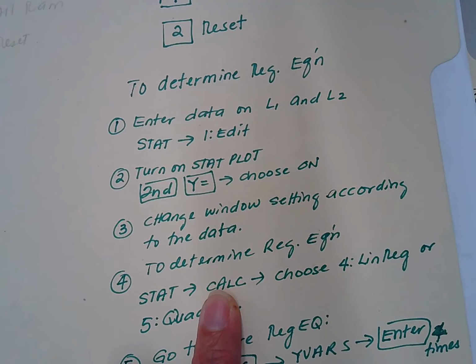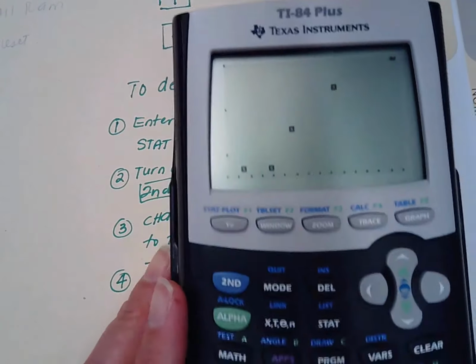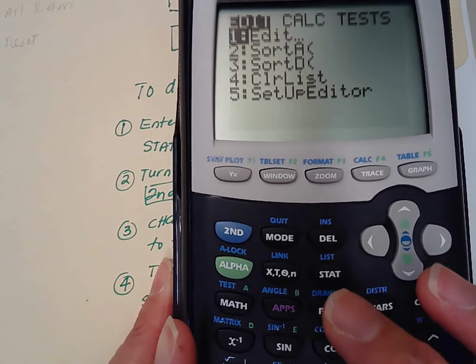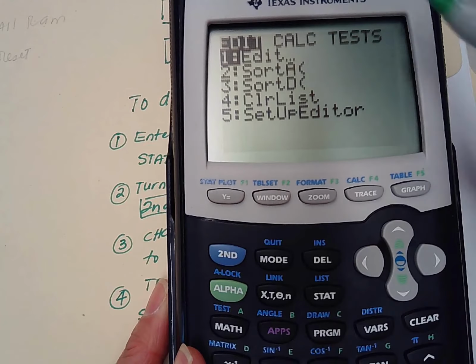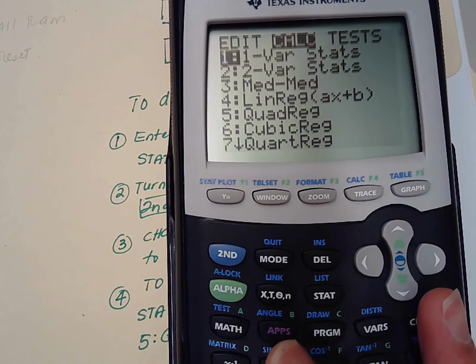Press stat again. And then you're going to go to calc. How do you get to calc? To the right. And then what do you do next?